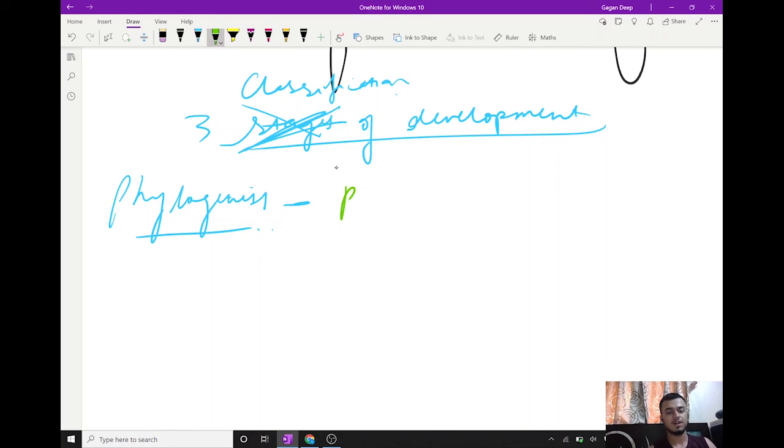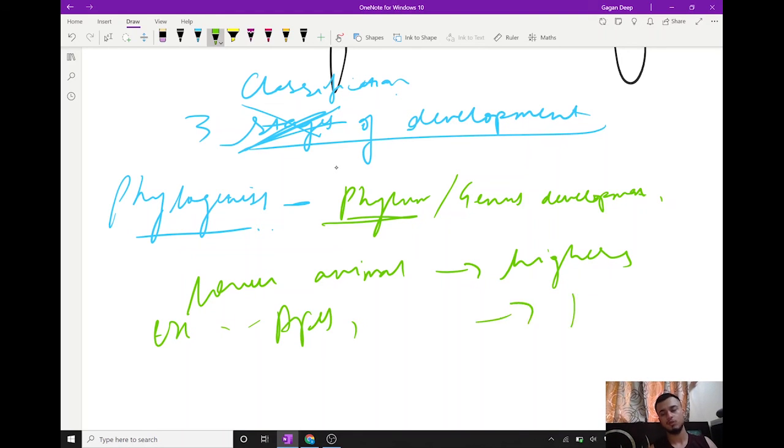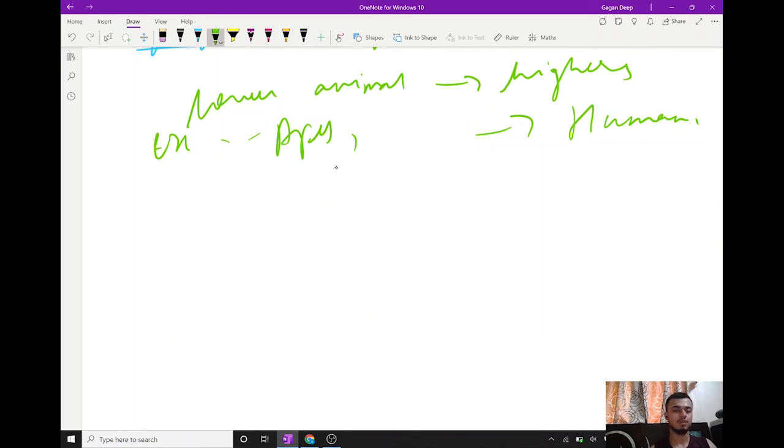It's the phylum or genus development. We develop from development of genes from lower animals to higher animals. For example, apes to human. Simple example.